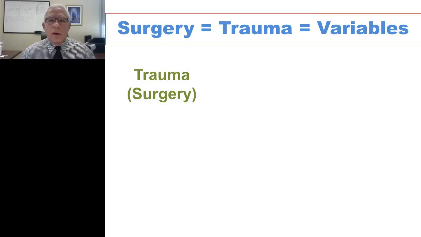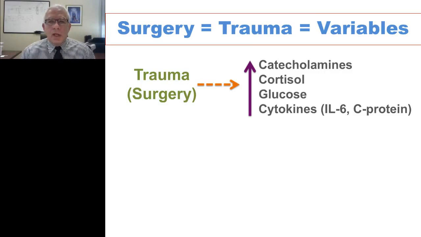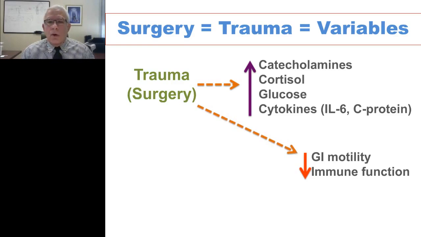Let's talk about trauma. Trauma will lead to elevations in catecholamines, cortisol, glucose, and some of the cytokines. Trauma will impair GI motility and lower the ability of the animal to defend itself, the immune system.